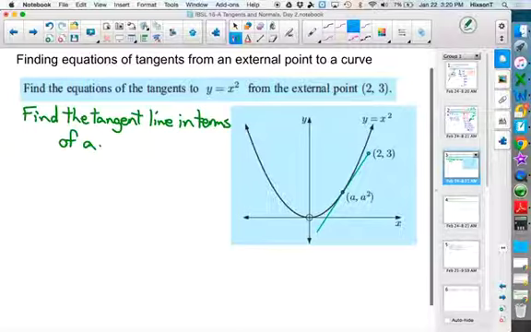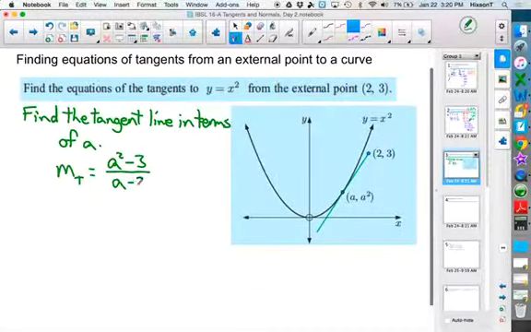Slope? Yeah. How do you find the equation of a line? Get the slope and use a point, right? So our slope is the y-coordinate minus a y-coordinate, so let's say A squared minus 3, over x-coordinate minus x-coordinate, A minus 2. Okay, there's our slope. Now, we want this to hit the point (2,3).